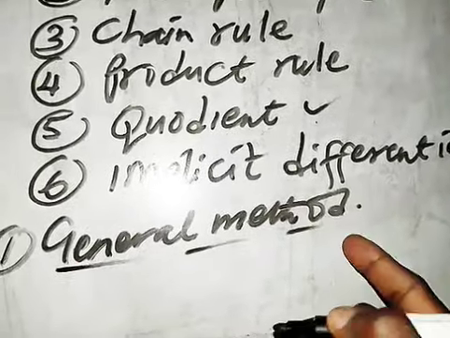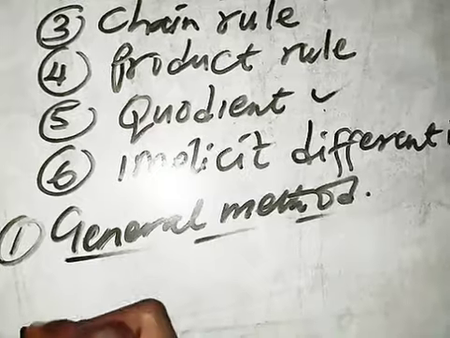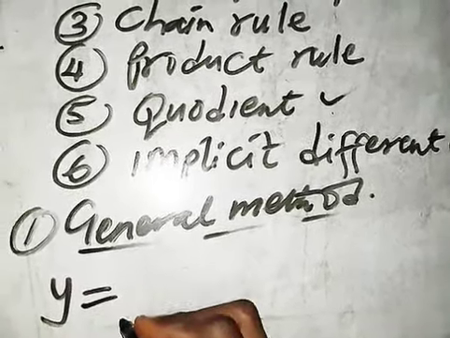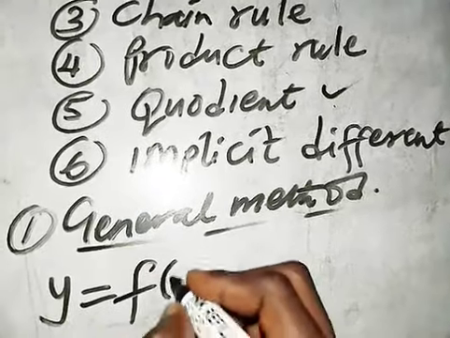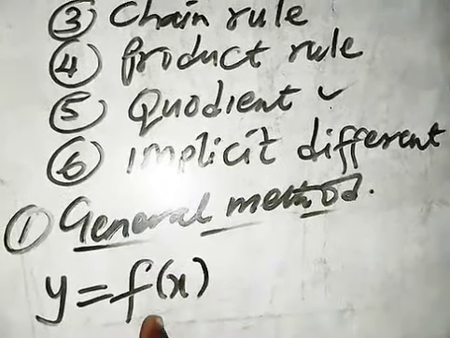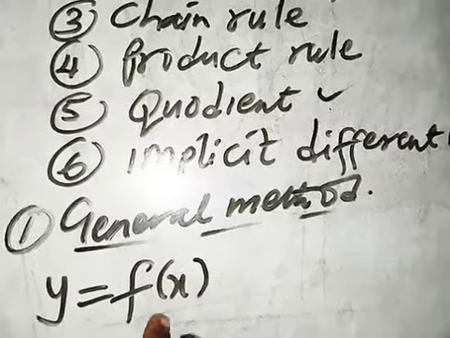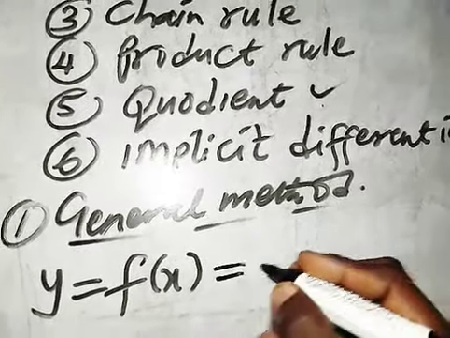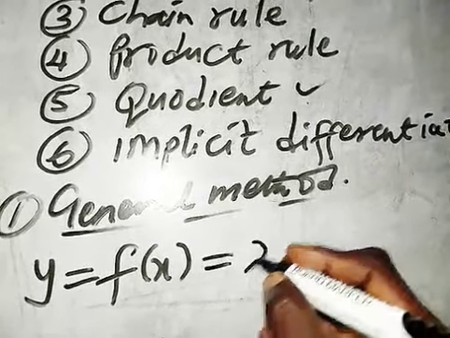Now we call this general method, and the formula is: if y is equal to f of x, this f of x is a function, which will be equal to x to the power of n.